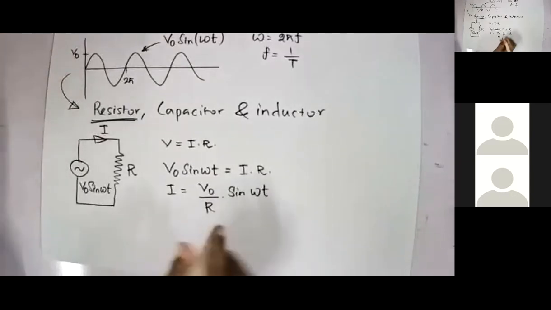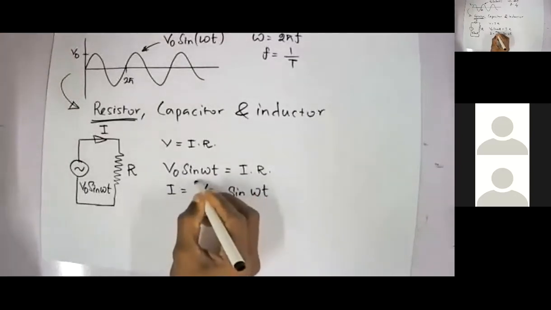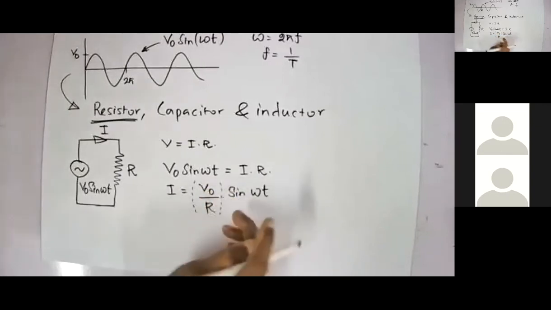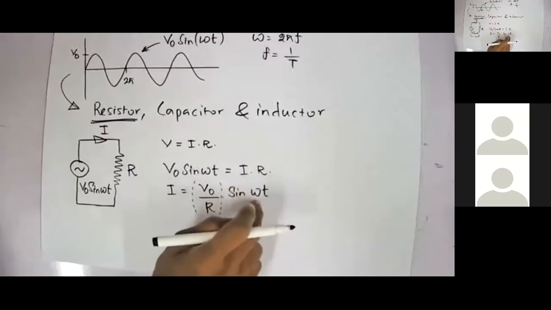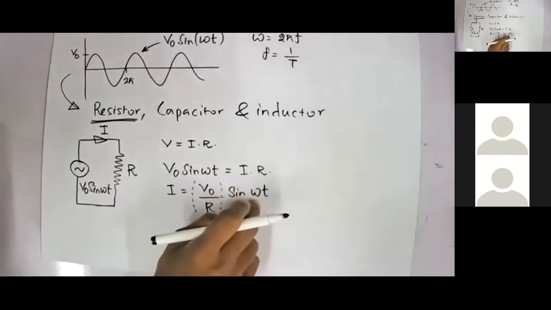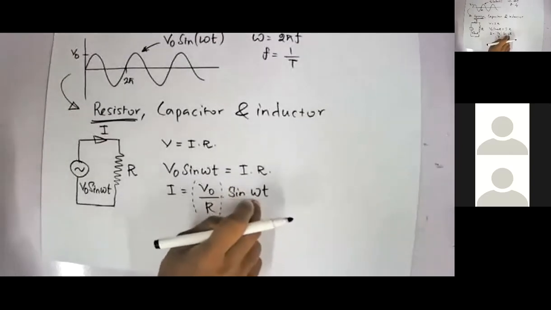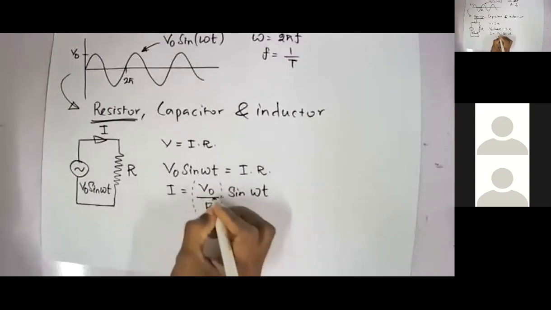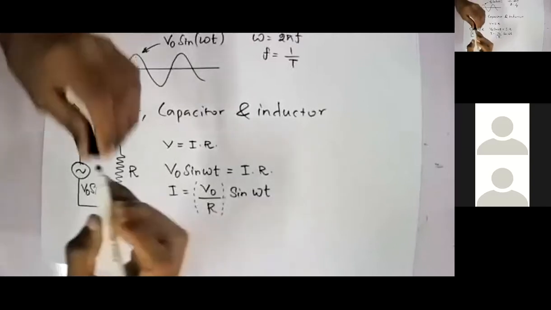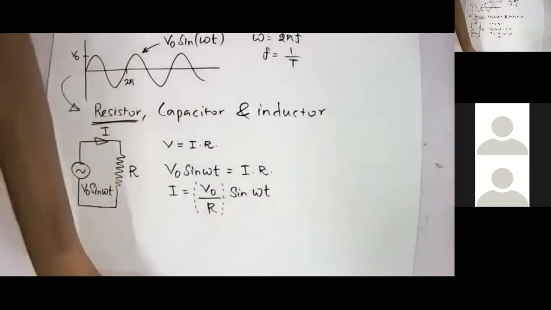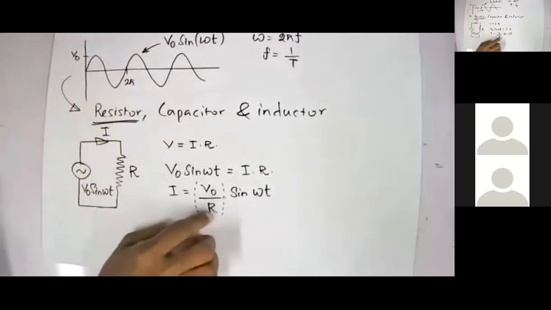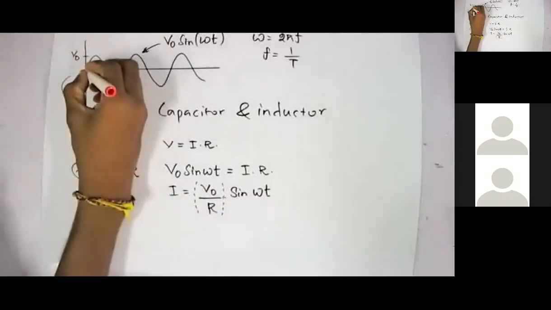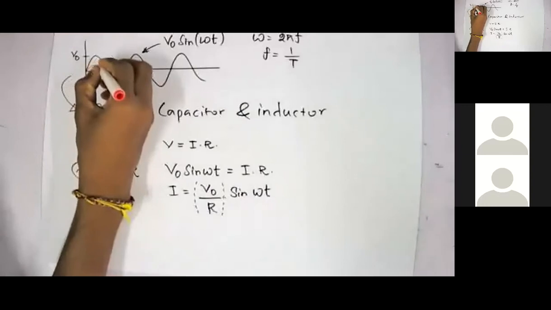Clear? Sine omega t. See here the multiplier or the scaling factor. This indicates a sine wave with angular frequency omega, but the multiplier is divided by a factor R. So just consider if your R is greater than 1, then your waveform will be something like this.